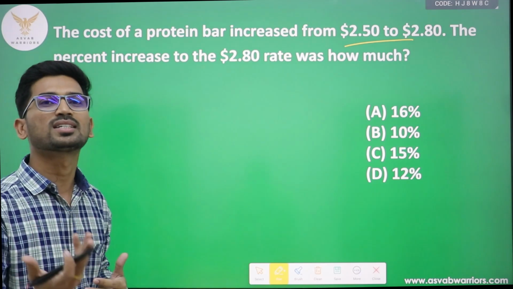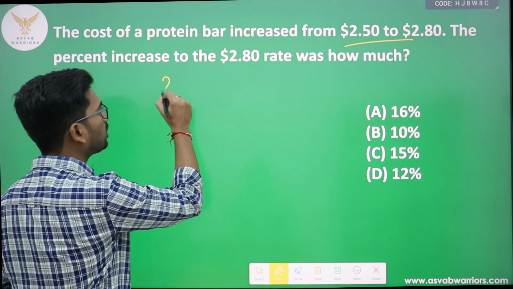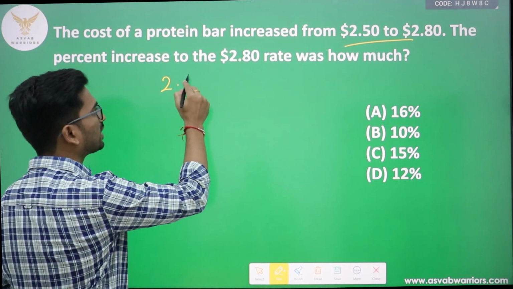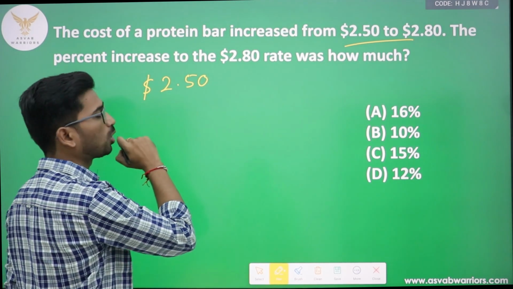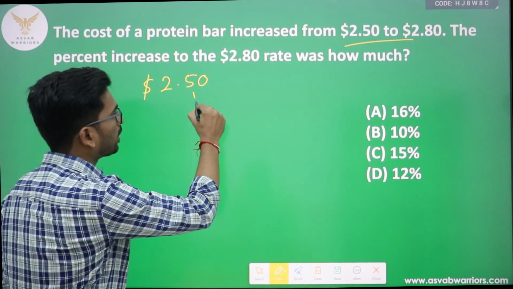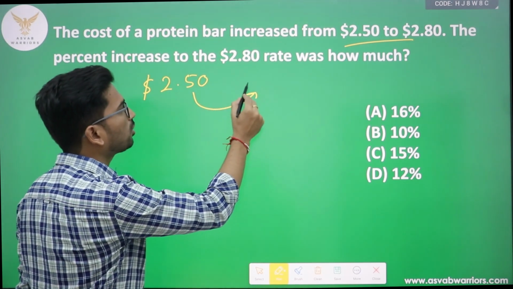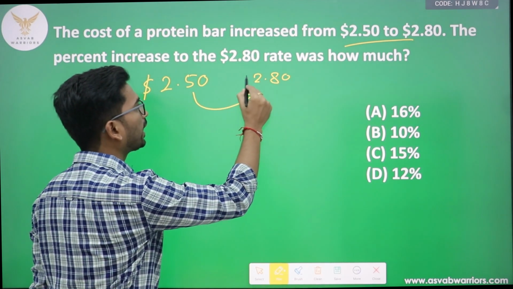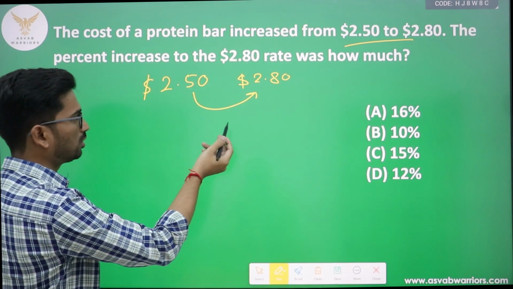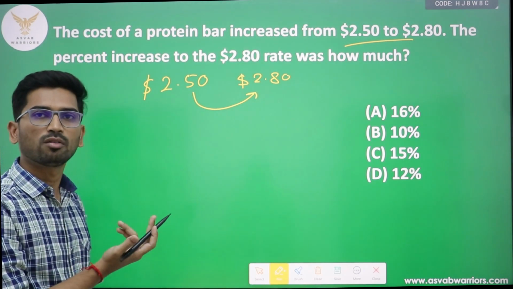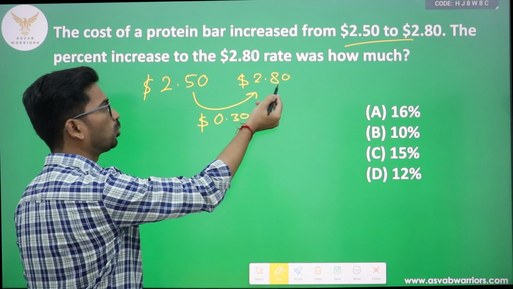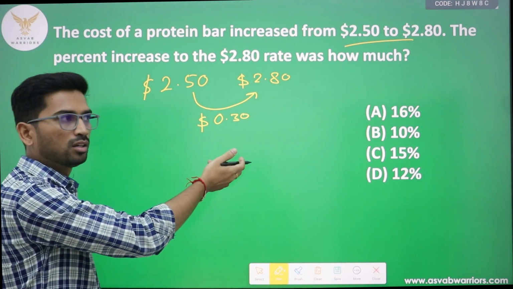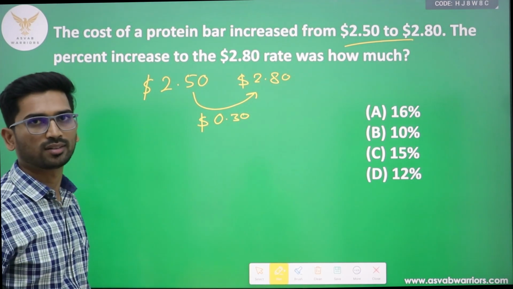First we will calculate in dollar terms. So the increment in terms of the dollar will be $0.30, right? 2.80 minus 2.5 is $0.30 or 30 cents you can say.